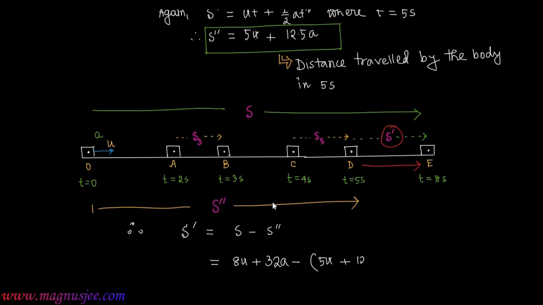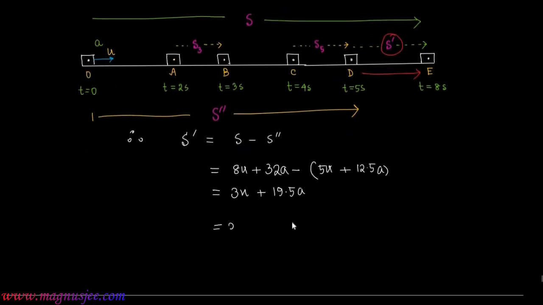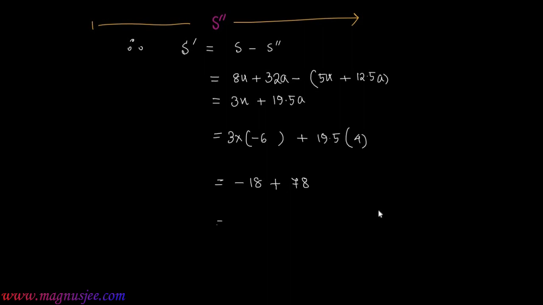Putting the expression, 8u plus 32a minus 5u plus 12.5a equals 3u plus 19.5a. Putting the values, 3 into minus 6 plus 19.5 into 4 equals minus 18 plus 78. We get S prime equal to 60 meter.